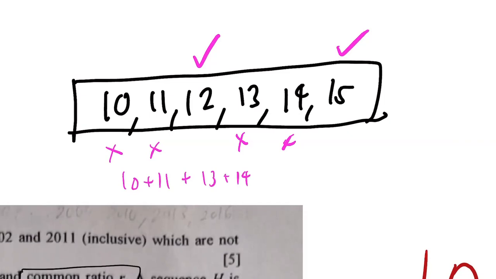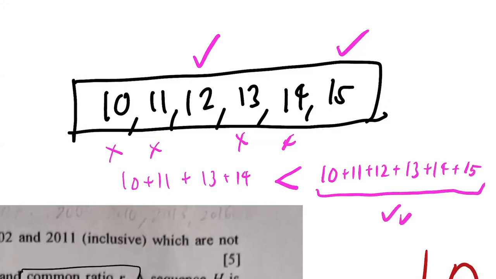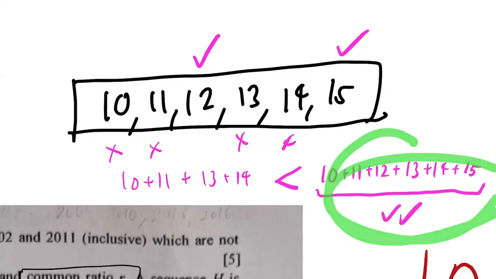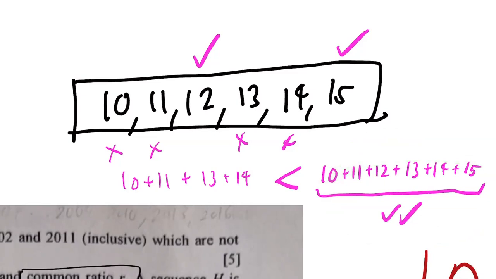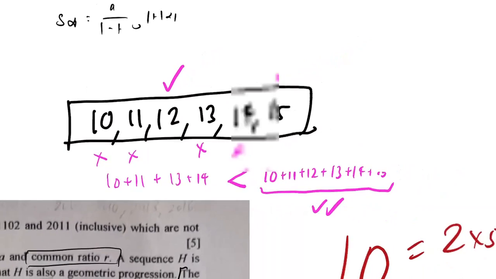But I'm telling you that this is less than the sum of all the numbers, and currently we are still at step 1 first. We find out this big number. Make sense or not? 10 plus 11 plus 13 plus 14 must be less than the sum of all the numbers. Maybe I should have started with a simpler example to give you some intuition.